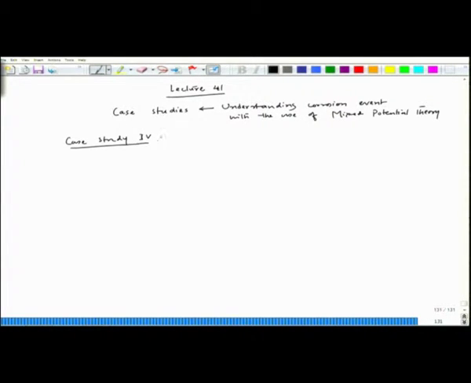Here we will try to see the corrosion event when 2 active components are coupled. When they are coupled, one of the components will become cathode and another component will become anode. Then the anodic component will corrode, and the cathodic component will get protected because of this enhanced corrosion of the anodic part.